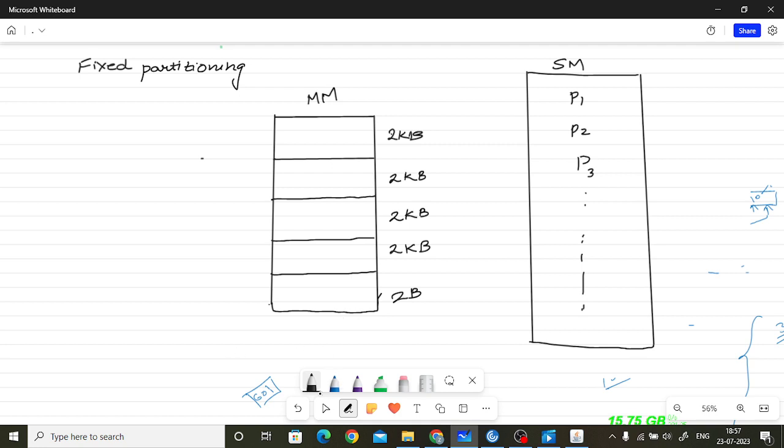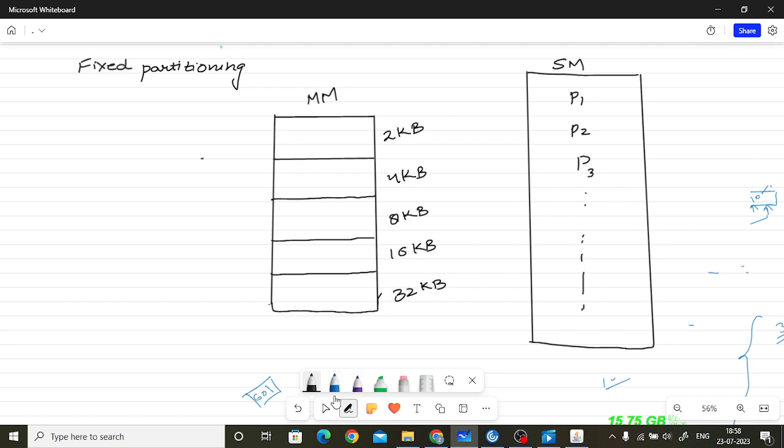If the size of the partitions is variable, we can have, let's say, 2 KB, 4 KB, 8 KB, 16 KB and 32 KB.